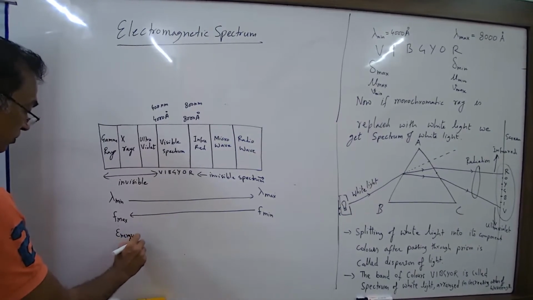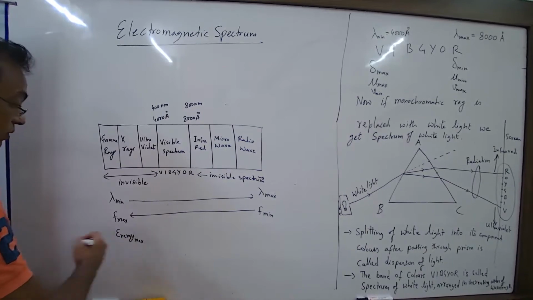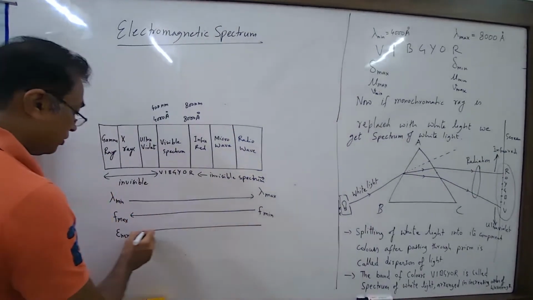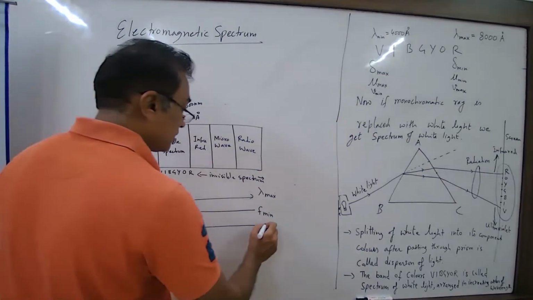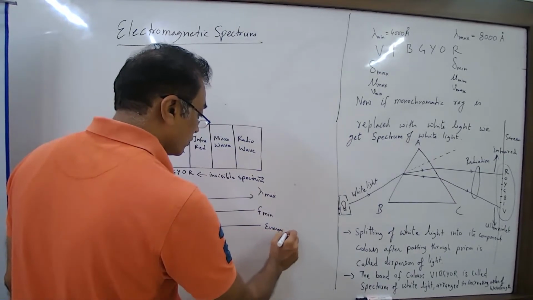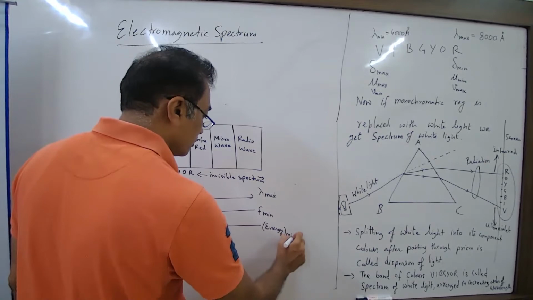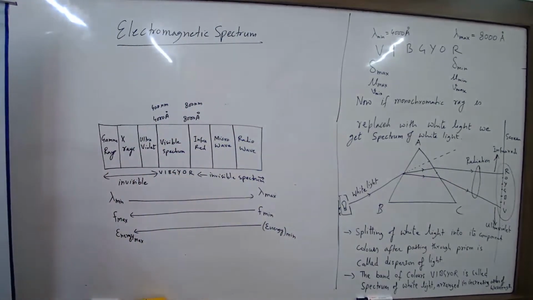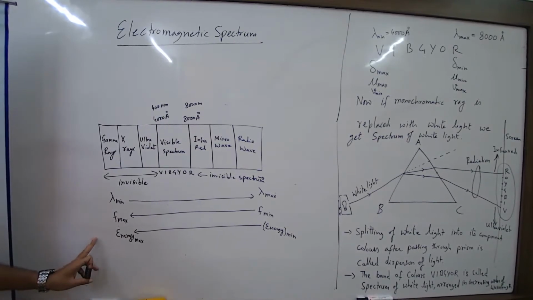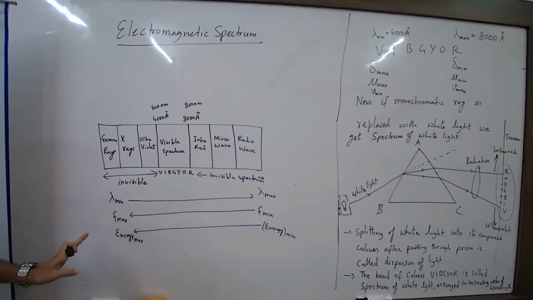As you go from right to left, the energy of the wave increases. There is a formula E equals h nu, where nu is frequency. Have you heard about it? If frequency is high, energy is high. Got it? So this is the entire electromagnetic spectrum and you have to remember it this way.